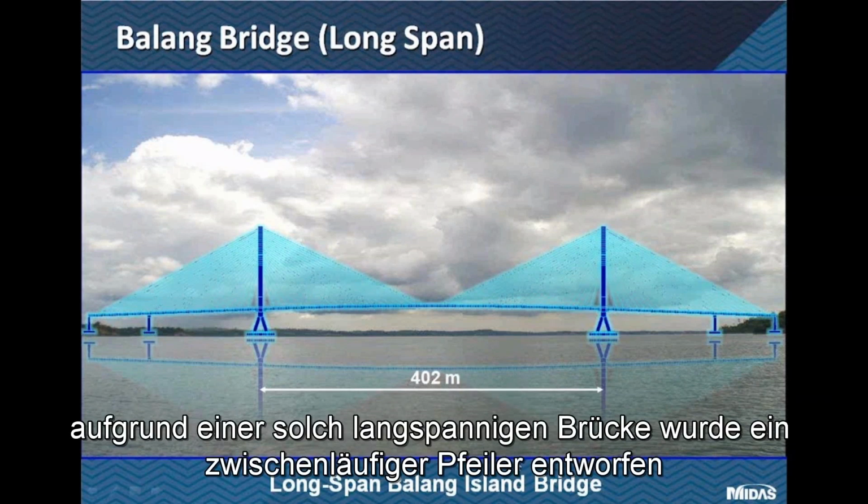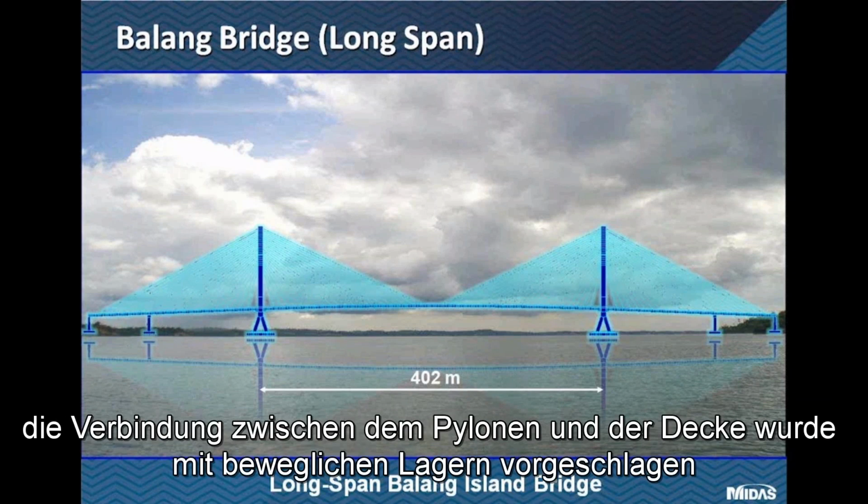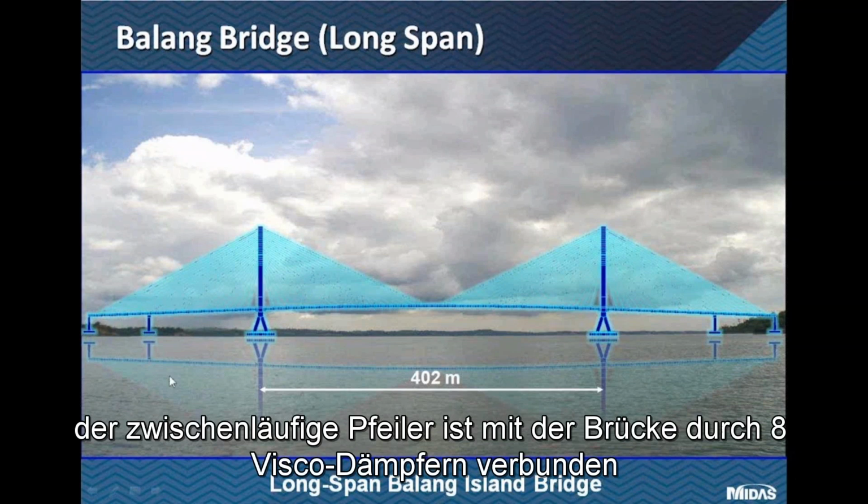Because of such a long span of concrete girder, an intermediate pier was designed in each side span for deformation control and stability reasons. The connection between the pylon and the deck is proposed to be a longitudinal movable bearing, while the intermediate piers are connected to the bridge deck by 8 Visco-Dämpfers.